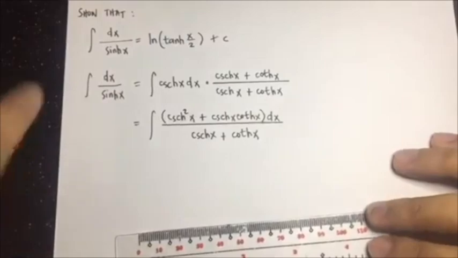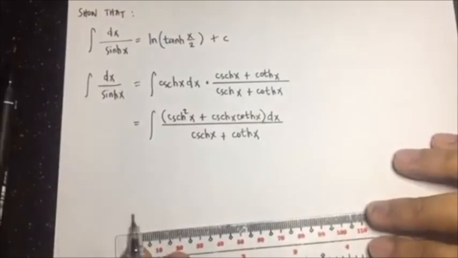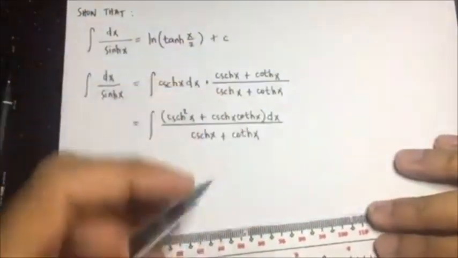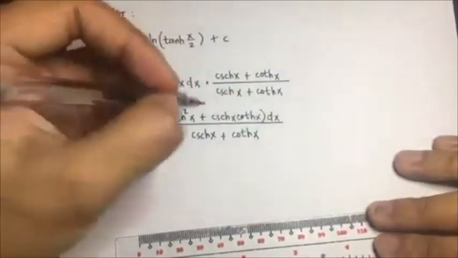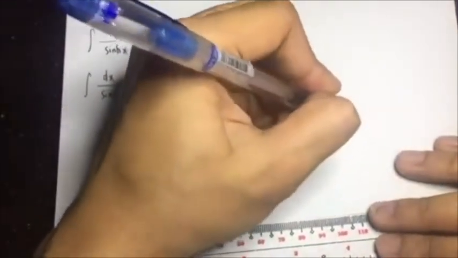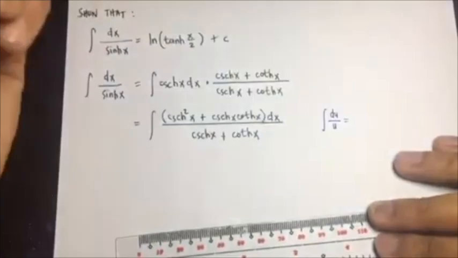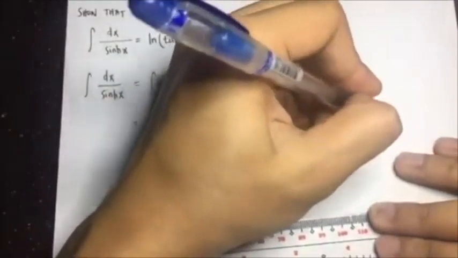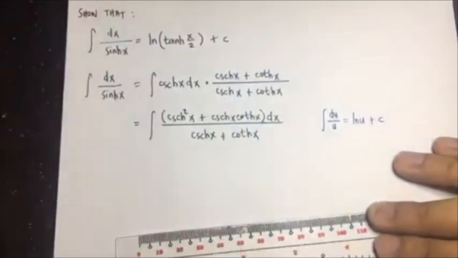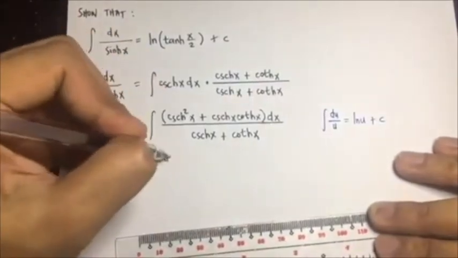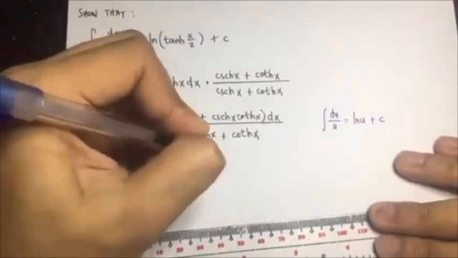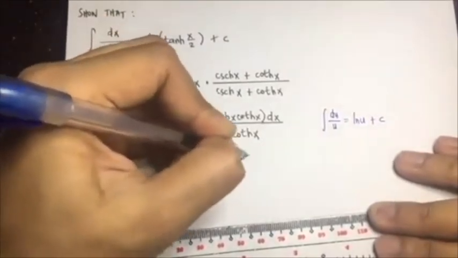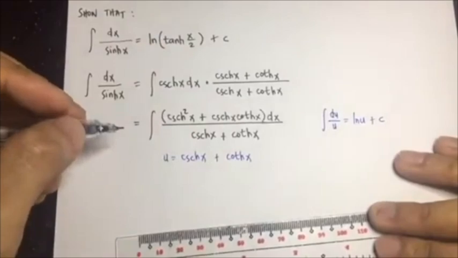Okay, so we will be using the integrals that lead to logarithmic functions. So let's review. Integral of du over u is equal to ln of u plus c. So in this case, our u is the denominator, so our u is hyperbolic cosecant x plus hyperbolic cotangent of x.